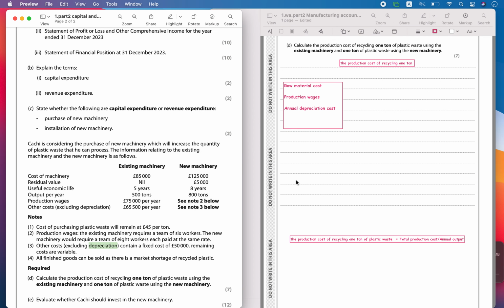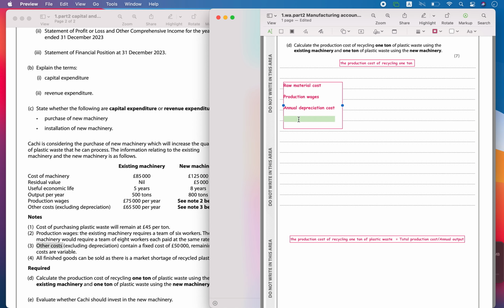Is there any other cost? There is another fixed cost. Apart from depreciation, other costs are there, so let's include that also. Finally I will calculate the total production cost.